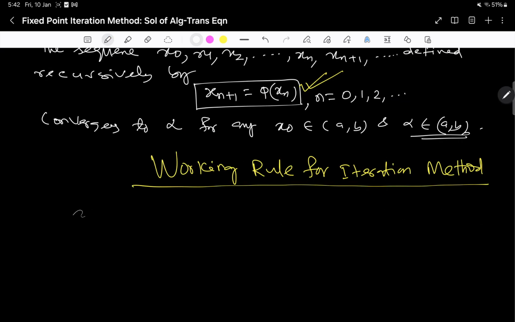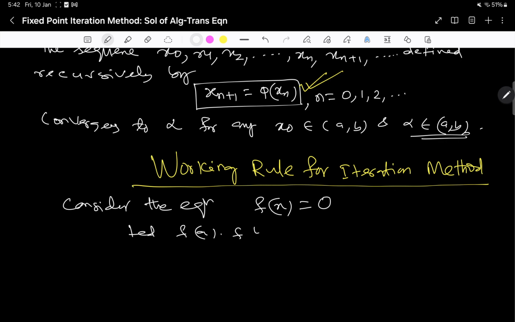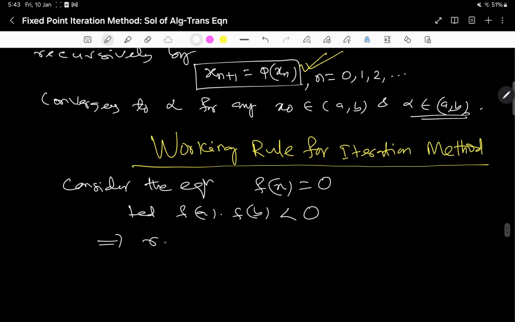Coming to the working rule, consider the equation f(x) = 0. Let f(a) times f(b) be negative. So this implies the root lies between a and b, in the interval [a,b].